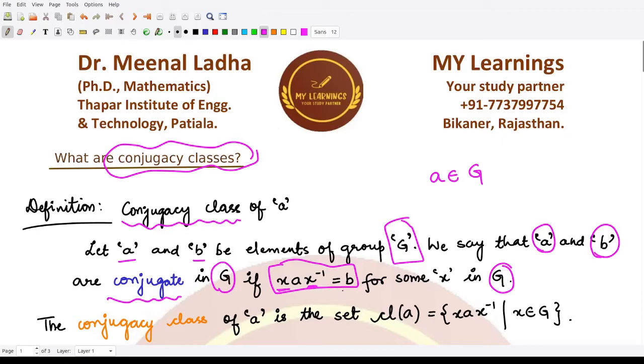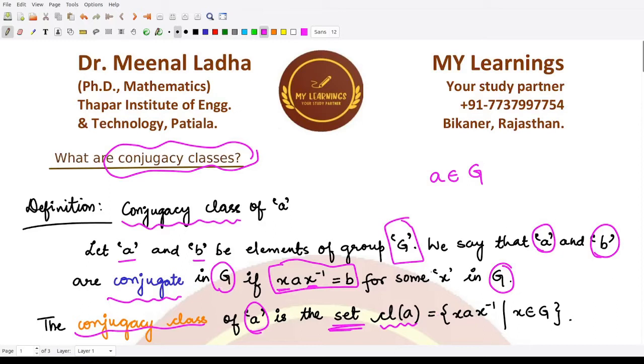If this relation is true for any one member x of G, then we would say A is a conjugate of A, or B is a conjugate of A, or A is a conjugate of B. And moreover, we may define the conjugacy class of this element A. This conjugacy class is nothing but the set CL of A, where the elements which are conjugate to A would all be members of this conjugacy class of A. So all those members which could be written as x A x inverse.